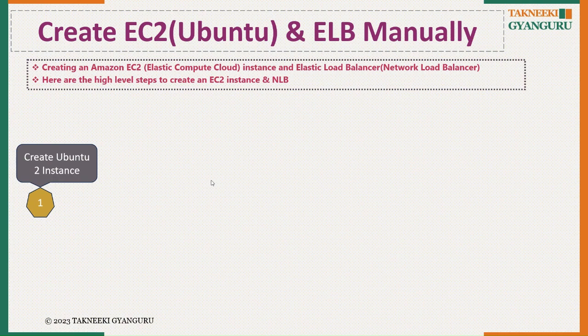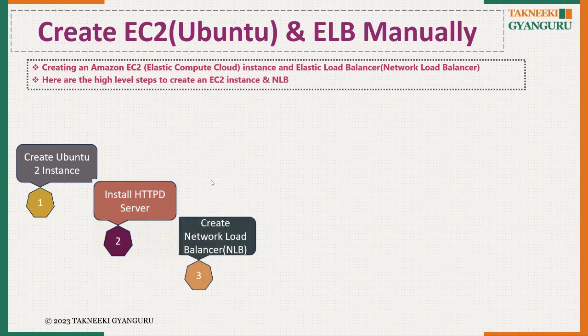The second step is to install an HTTP server inside each Ubuntu box, so that some static web application, maybe an index file, we will store, and then we will access it from outside. We will check from the machine whether it is accessible, and then definitely we'll access it through the load balancer.